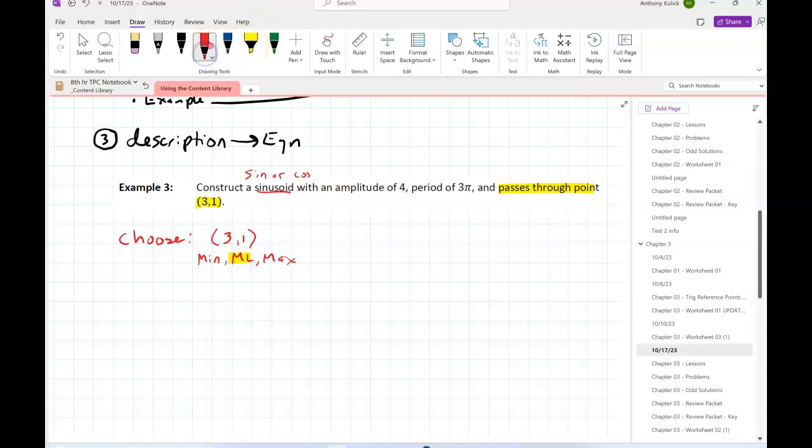Since I'm choosing this to be a midline point, what do you suppose I'm going to pick for my parent function? I'm going to pick sine.